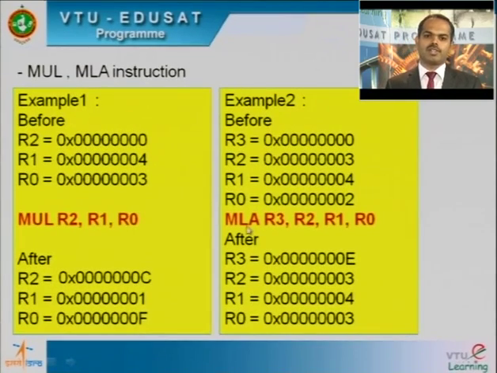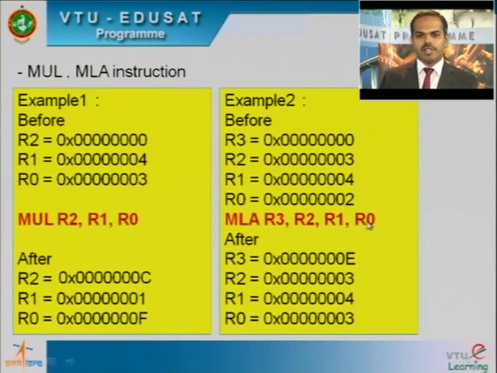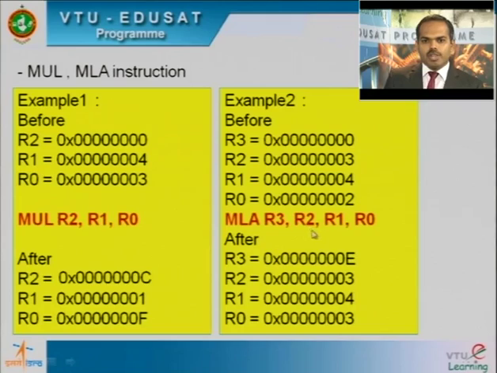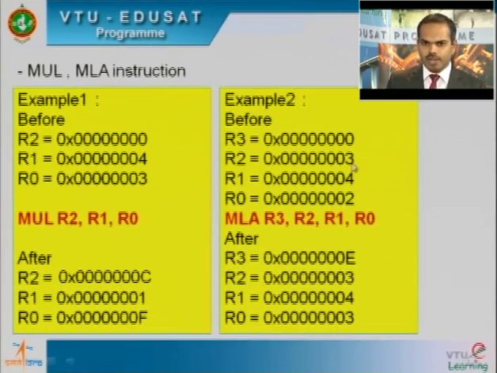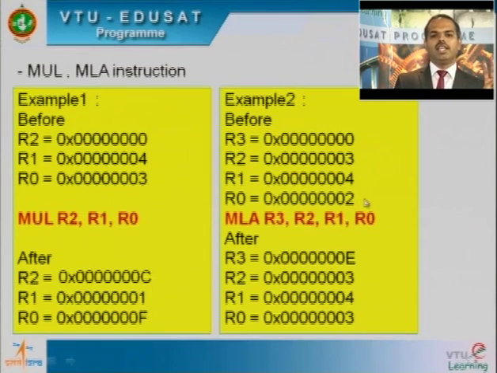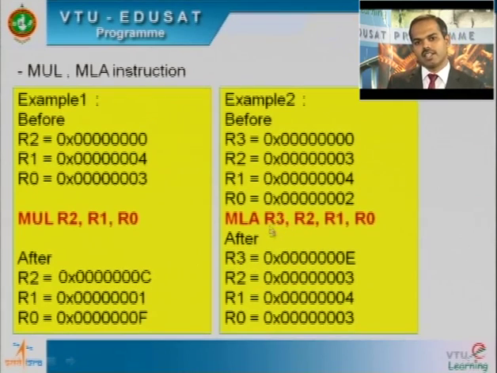After the execution of the instruction MLA R3, R2, R1, R0, what happens is R2 is multiplied by R1, that is 4 cross 3 is 12, 12 is C. Then it is added with the content of R0, R0 is 2, C plus 2 is E. So that is the result stored in R3. R3 is the resultant register.